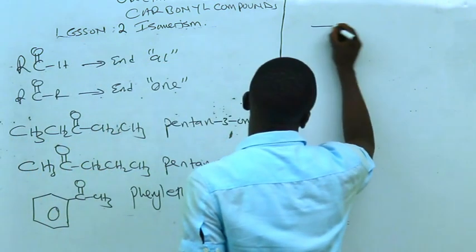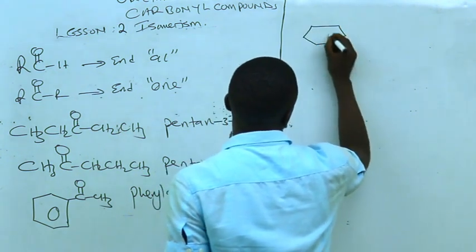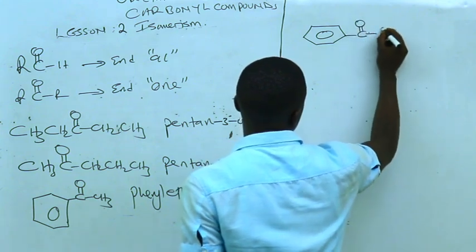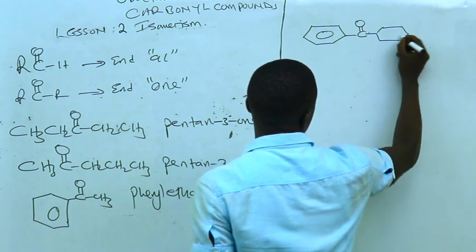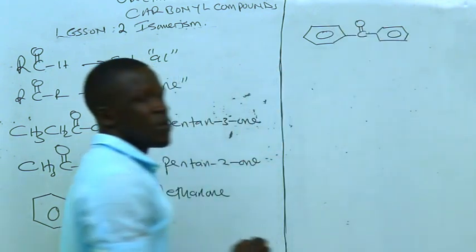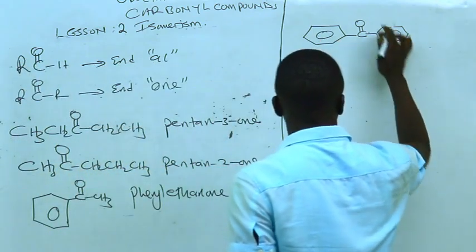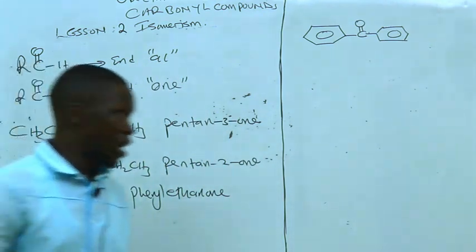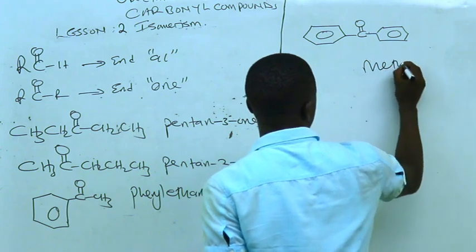What if there were 2 benzene rings? Two benzene rings. Since the main carbon chain has only 1 carbon atom, this compound is supposed to be a methane.